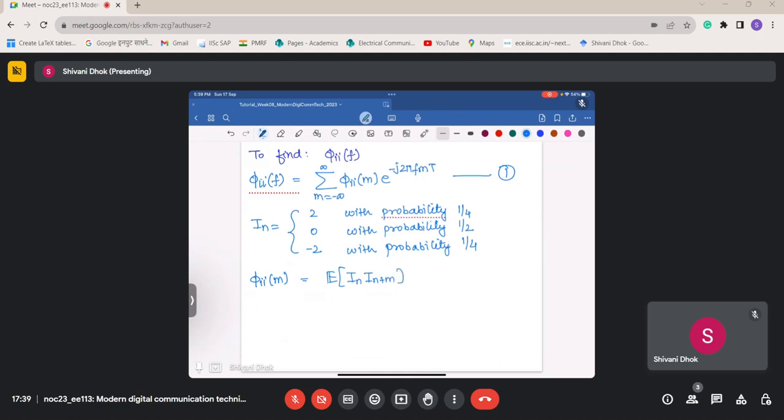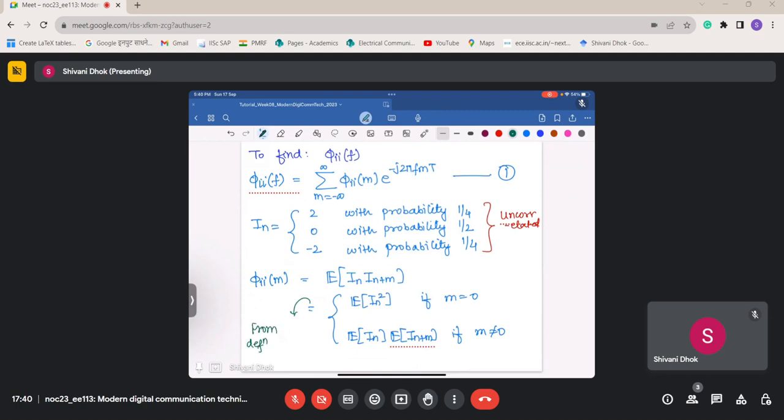Now we know that this sequence is uncorrelated, which means that this is equal to expectation of I n square if m is equal to 0, and it is equal to expectation of I n into expectation of I n plus m if m not equal to 0. And this is coming from the definition of uncorrelatedness.